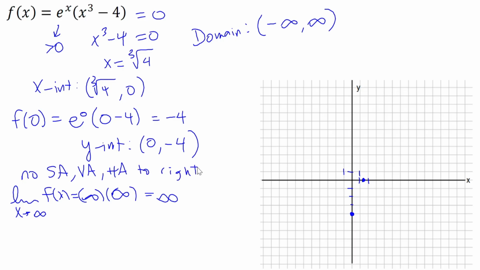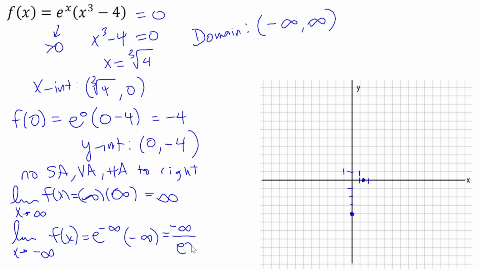But just like the last one, when I do the limit as x approaches -infinity, then we end up getting an asymptote. Right? We end up with e to the -infinity times -infinity cubed, which is just -infinity, right? But e to the -infinity drops to the denominator, so we have -infinity over e to the infinity, which is 0 because e to the infinity increases more quickly.